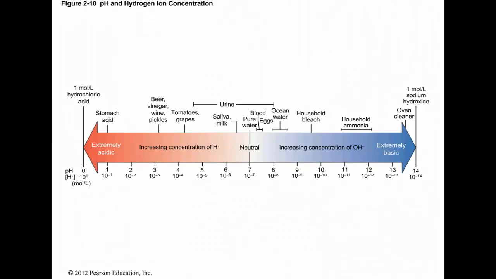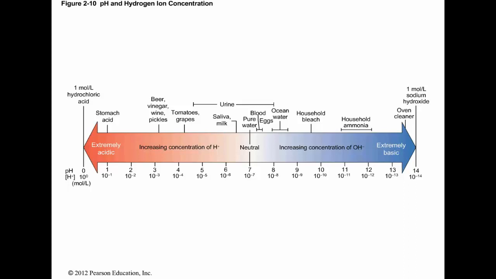Then on the other side, if we're looking at things that are extremely basic or alkaline, you've got blood, which we said is 7.35 to 7.45. You've got household bleach, which is basic at around 9.5 pH. Household ammonia, which ranges between 11 and 12 for pH.